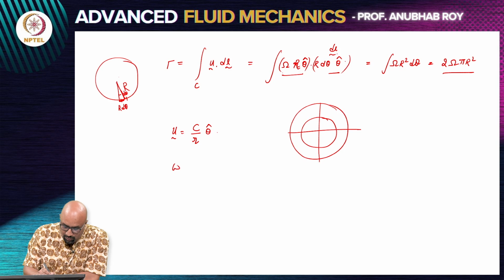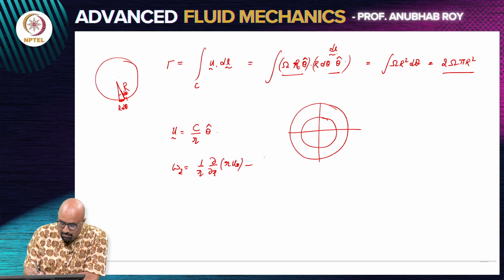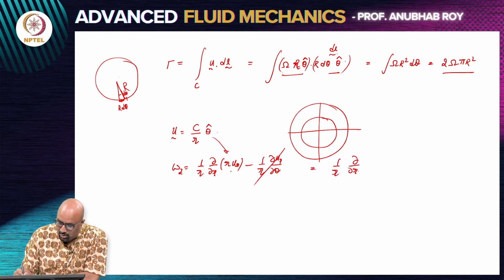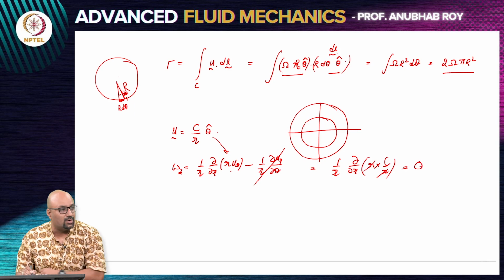So, if you compute the vorticity, which is omega z equals 1 by r dou by dou r of r u theta, minus 1 by r dou u r by dou theta, this second term is obviously 0. If you plug it in here, I have 1 by r dou by dou r of r times c by r. r and r cancel out and this becomes 0.